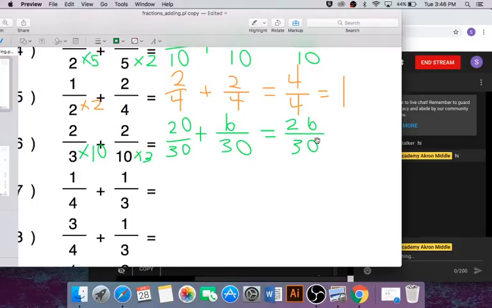And since both of these numbers are even, we know that at least 2 goes into both of them. So 2 goes into 26 13 times, and 2 goes into 30 15 times. So our answer is 13 over 15.